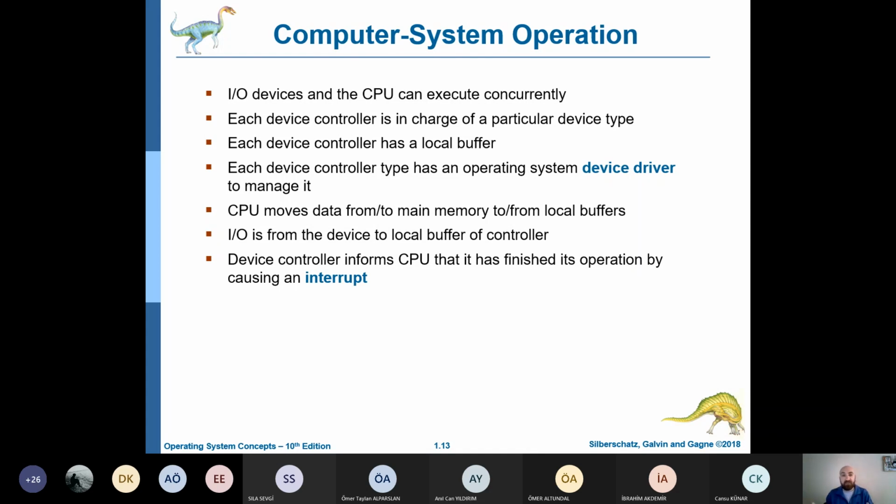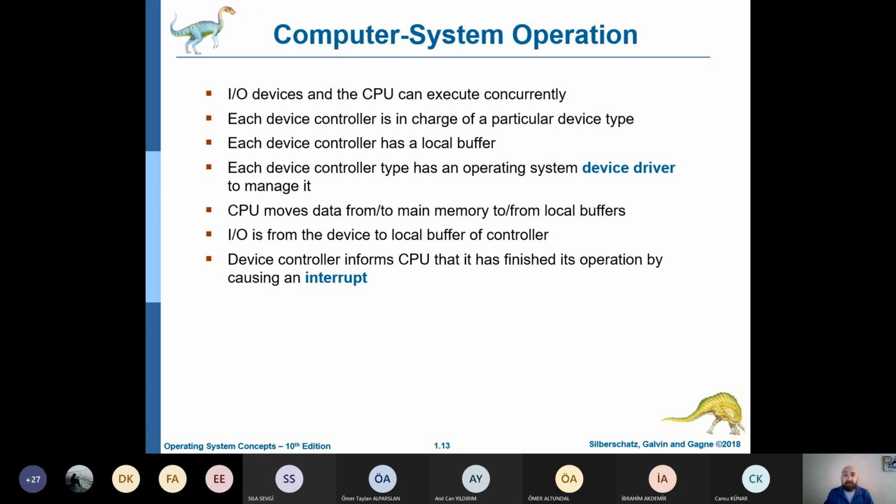Okay, so you have different devices, you have different device controllers, so based on that, you need device drivers for every controller. Using that device driver, your operating system can communicate with different devices in the same manner.